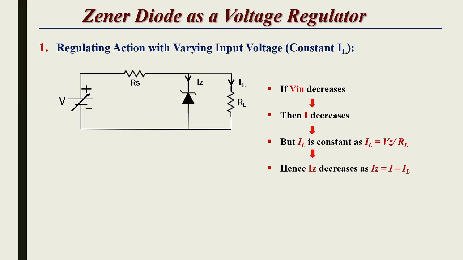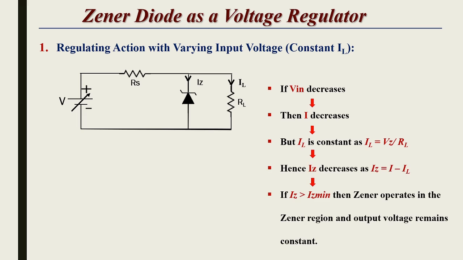Hence Iz decreases. If this Iz is decreasing and it is greater than Iz min, then the Zener operates in the Zener region and the output voltage remains constant. So in this way, if the input voltage changes, the output voltage still remains constant. That means it regulates the output voltage.